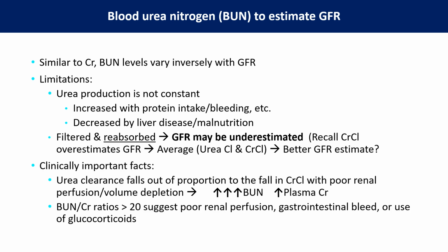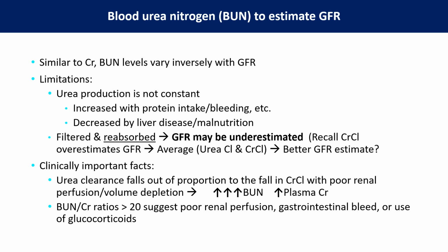Facts about BUN that are important clinically. Urea clearance falls out of proportion to the fall in creatinine clearance in patients with poor renal perfusion and volume depletion. This means blood urea nitrogen levels can rise out of proportion to plasma creatinine levels.